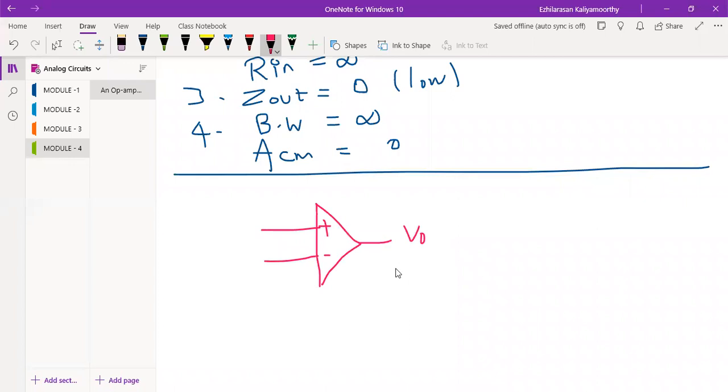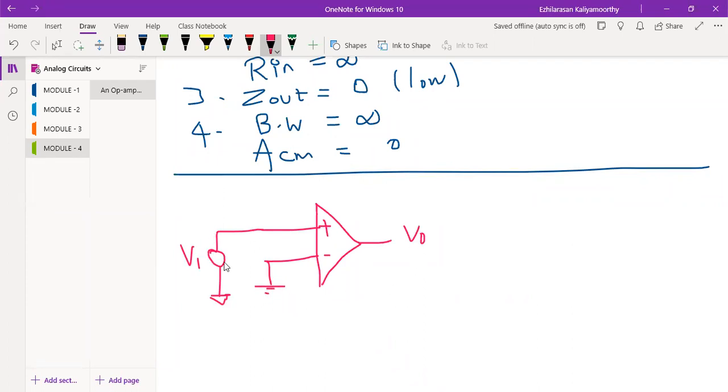So let me explain. First, I will give the input to the non-inverting terminal, that is the plus. Remember, non-inverting, that is V1, then the inverting terminal we need to make short.